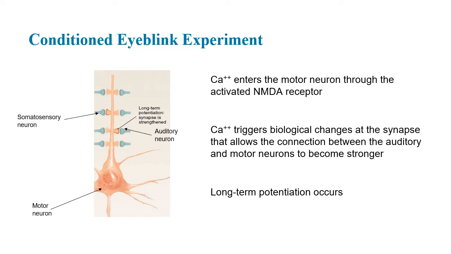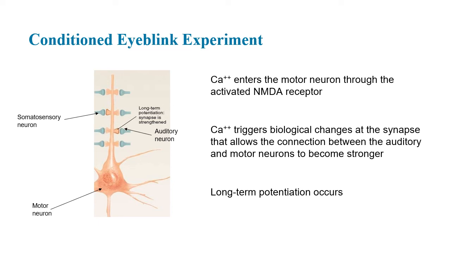The calcium's going in and causing secondary changes, which cause these changes to the dendrites on the postsynaptic neuron. And essentially what they're doing is they're creating more binding sites so that it is more likely that this new neuron that didn't cause the postsynaptic neuron to fire, will now cause it to fire. And this is basically, in long story, long-term potentiation.